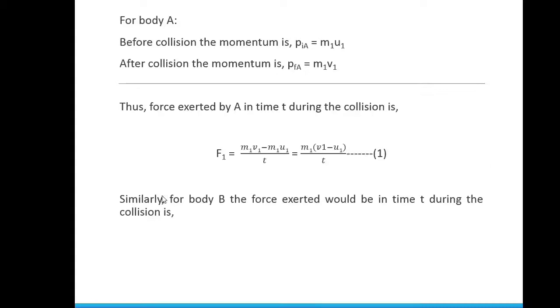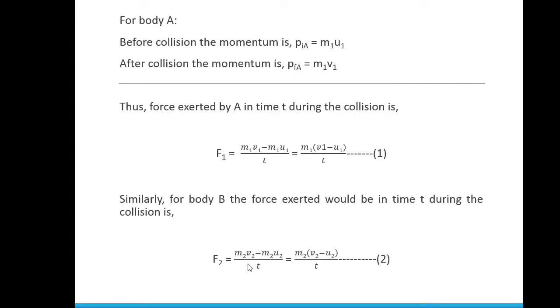So similarly for body B, the force exerted in time t during the collision is F2 equal to m2 v2 minus m2 u2 whole divided by t. Initial momentum of body B will be m2 u2 because mass is m2 and initial velocity is u2, whereas finally the velocity changes to v2.